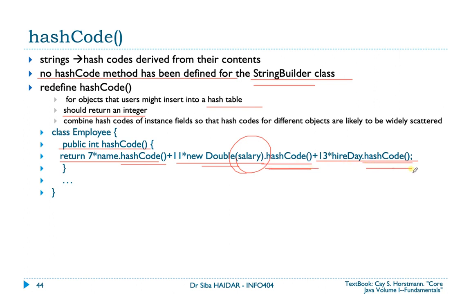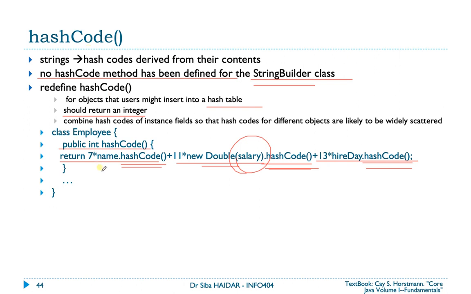There is a hashCode for the class LocalDate, and there is a hashCode definition for the class Name, because hashCode is for the class Object, so it is inherited in all the classes. Even for the classes that don't override it, it exists already.